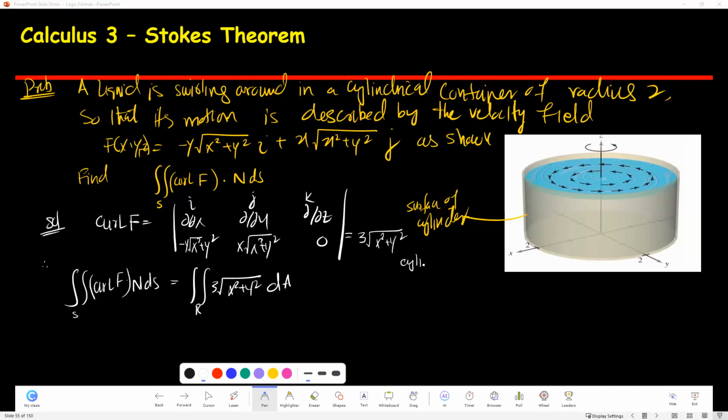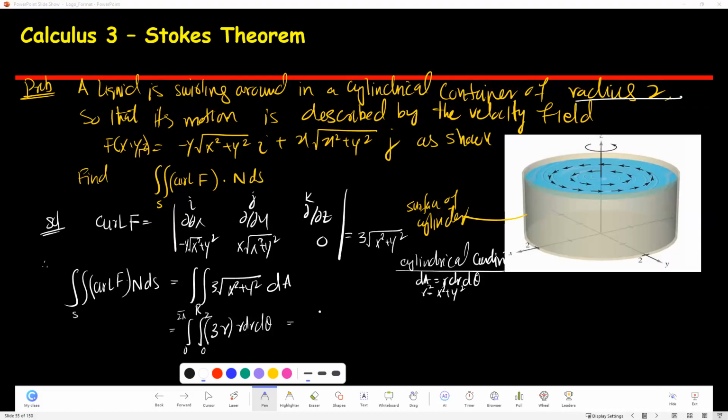It's a cylinder, so I'm going to go to cylindrical coordinates. dA equals r dr d theta, and r squared equals x squared plus y squared. So I'm going to write in this lower integral 3r, this one is equal to r, and then I have another r, let me do it the other way, parentheses should contain this, and then r dr d theta. dr is first, so it goes from 0 to 2, and then theta from 0 to 2 pi, right? The radius is given here as 2.